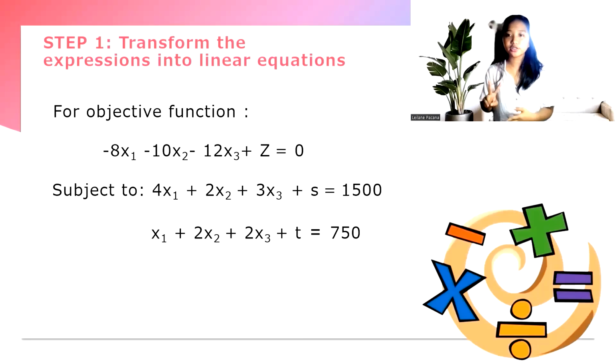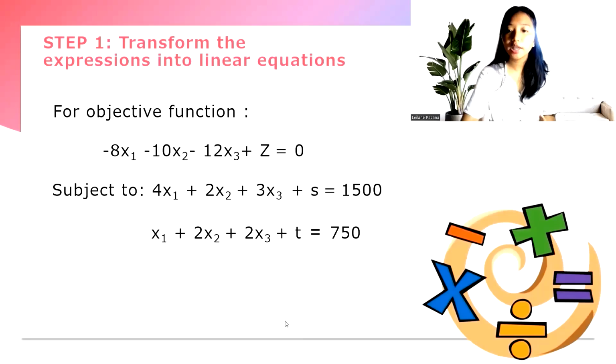For our second constraint, we have to add another slack variable. So it's x sub 1 plus 2x sub 2 plus 2x sub 3 plus t. Our t here is the second slack variable, and it is now equal to 750. As you can observe, we cannot use the S for our second constraint because it is already used by our first. So we have to put the second slack variable.